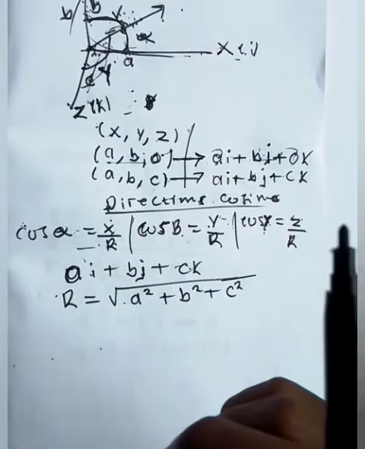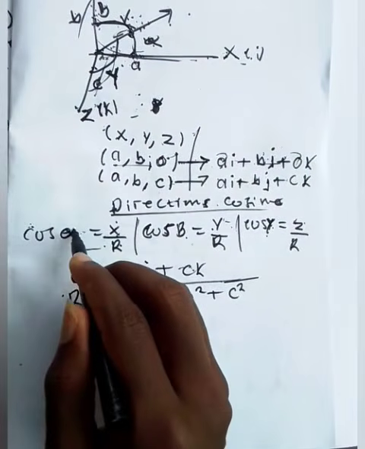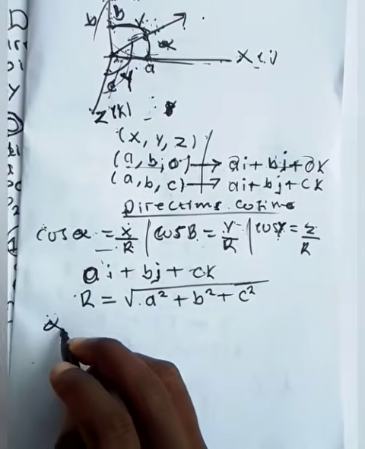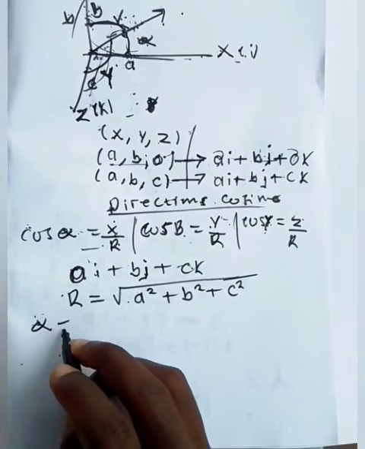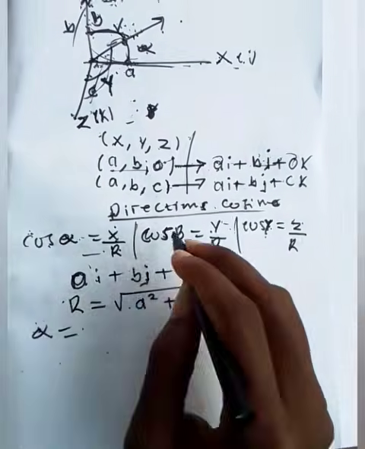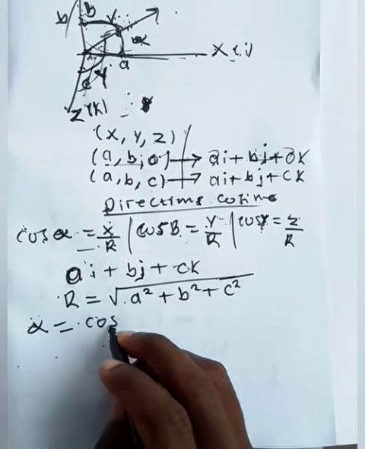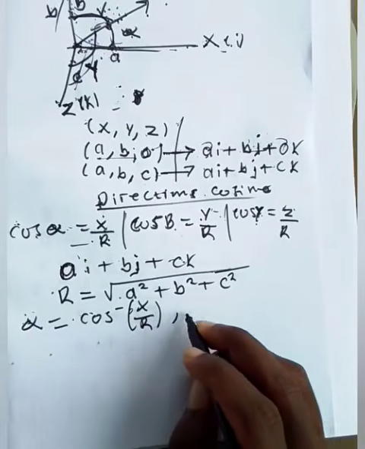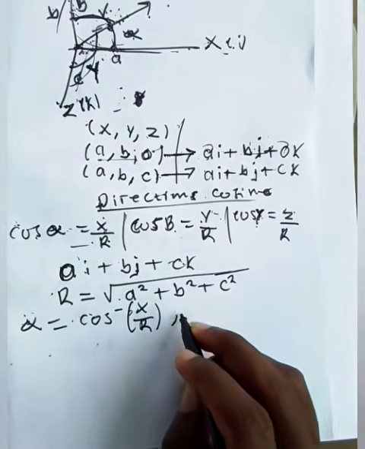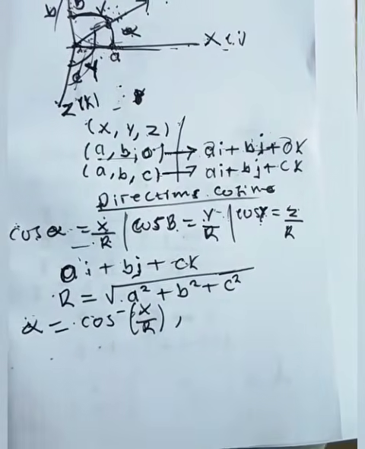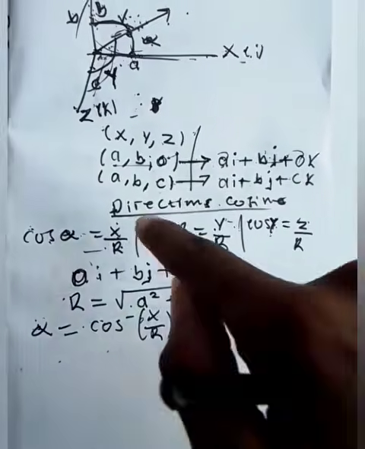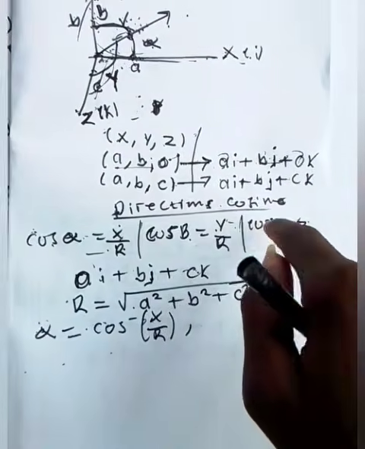But if they tell you to find the angle, the actual angle, like alpha, make alpha the subject. So if they tell you to find the angle alpha, take cosine to the other side to be the inverse of cos x over r. If they tell you to find the angle beta, they will tell you in the question. If they mention the angle, you need to go beyond this. If they just say find the direction cosine, just end here.